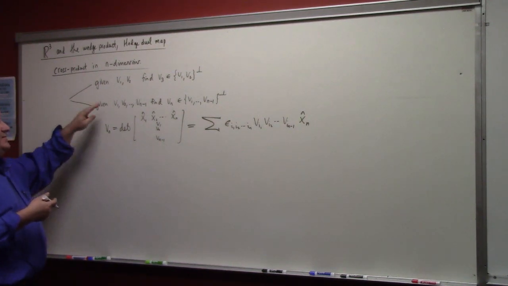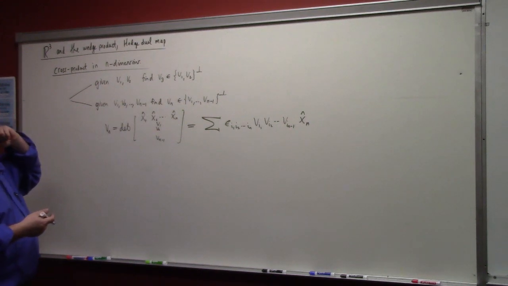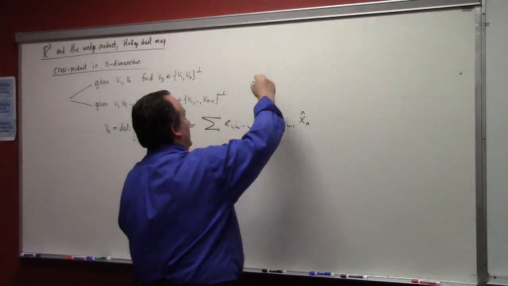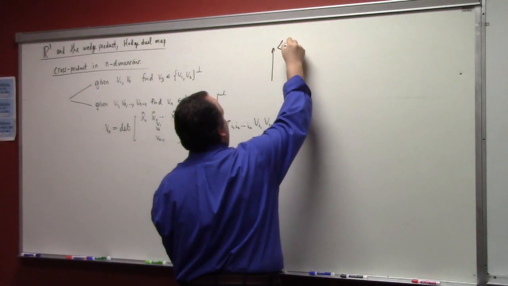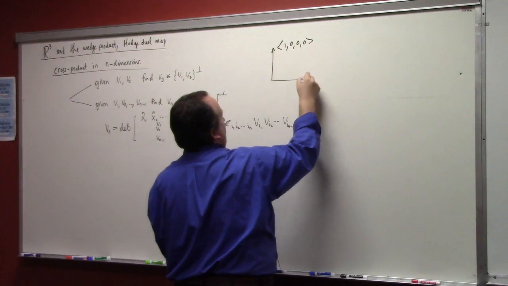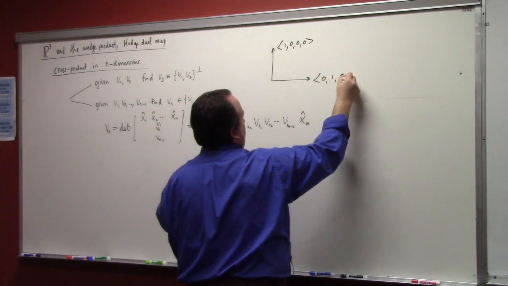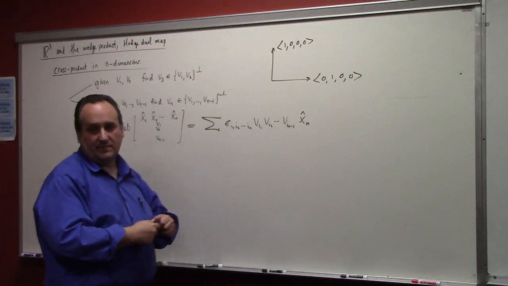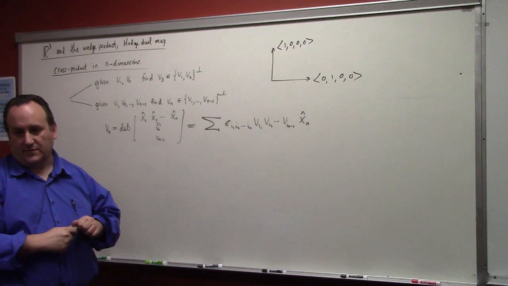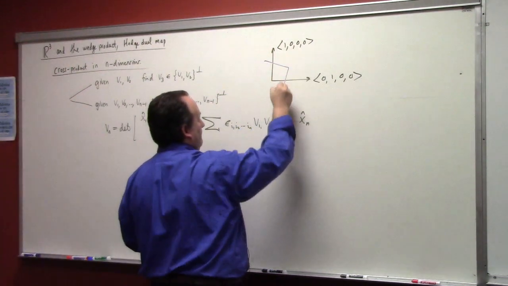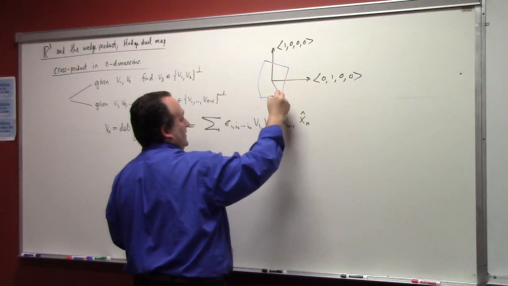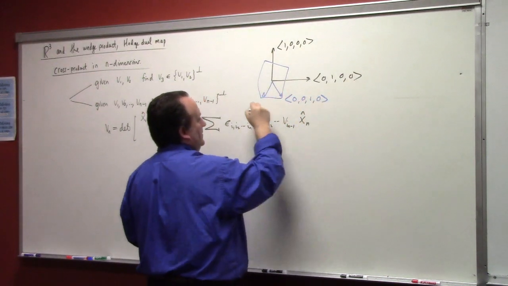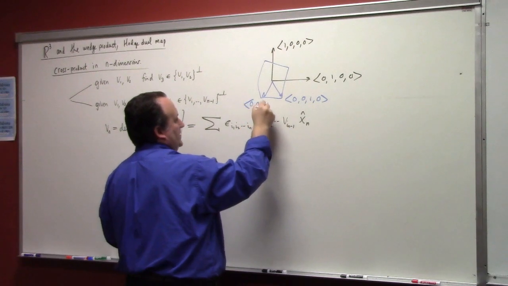But yeah, it's definitely not unique, right? Like in 4 dimensions, if I've got 1, 0, 0, 0 and 0, 1, 0, 0, well, if I want vectors that are perpendicular to those two, there's a whole plane, right? And I can span that plane by 0, 0, 1, 0 and 0, 0, 0, 1.